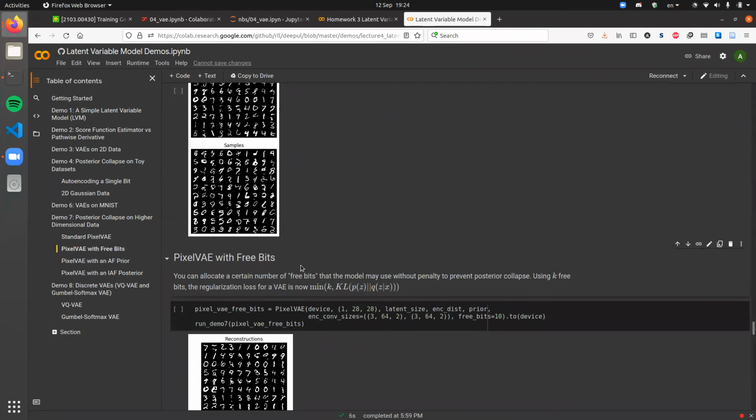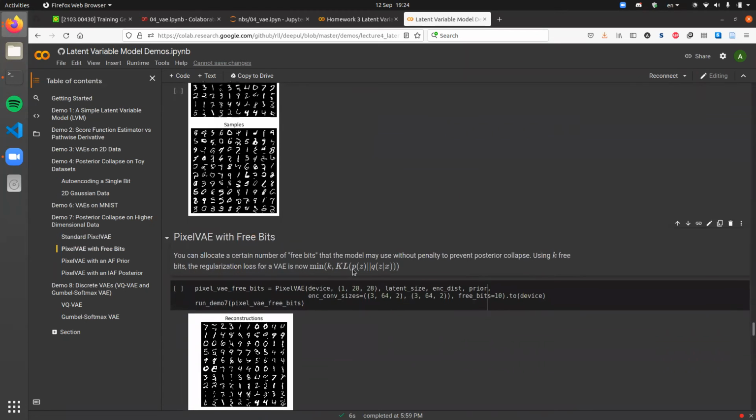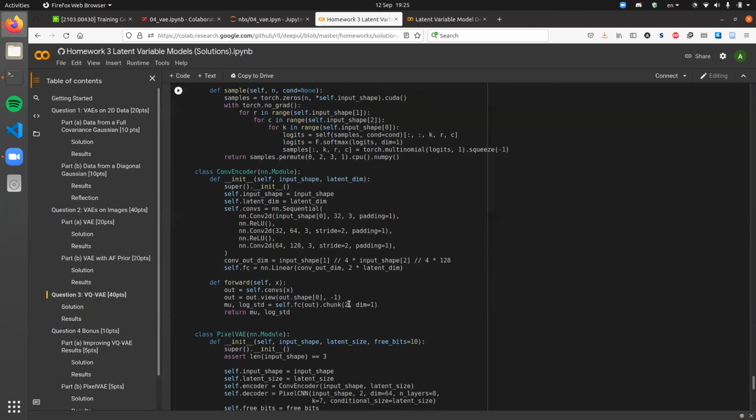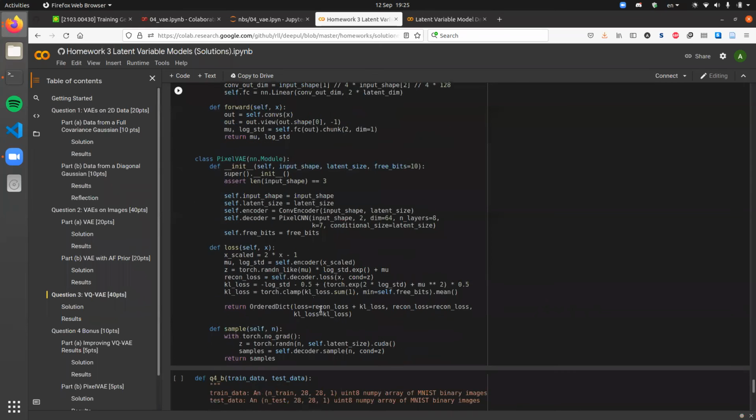It's really very simple. This was introduced by the co-inventor of the variational autoencoder, Diederik Kingma, I guess, in one of his papers. Let's look, for example, at the implementation here.